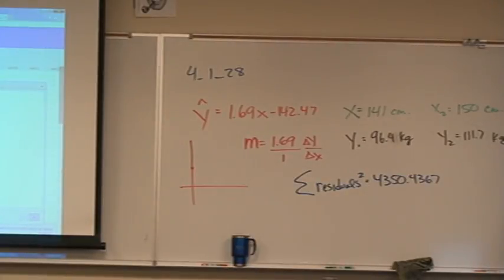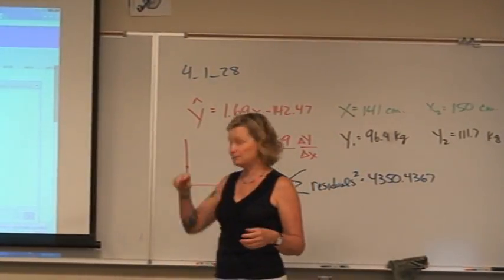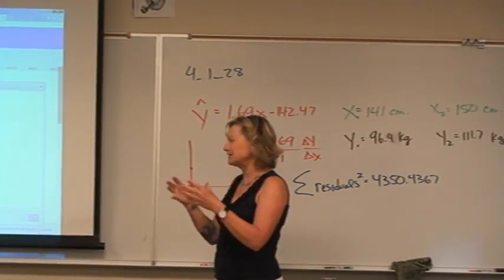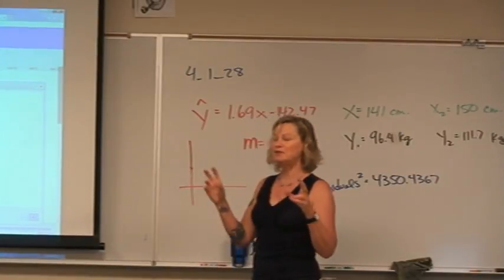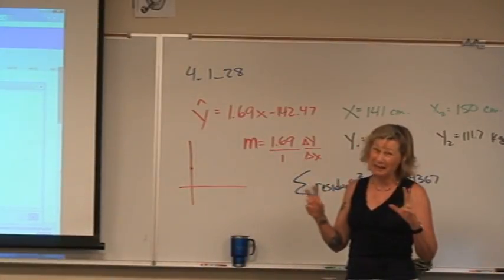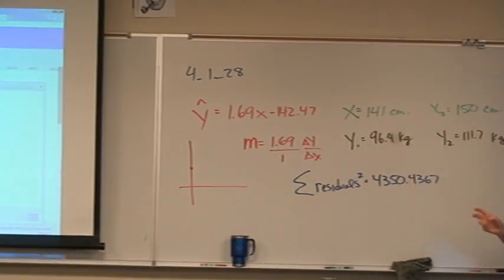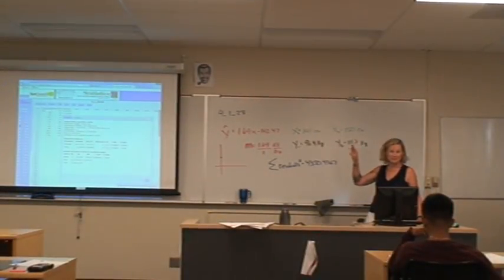Even though all these numbers come out fairly well, we could still have data where the linear model is not the best. So the residual plot is another way of validating what we're doing here, okay?